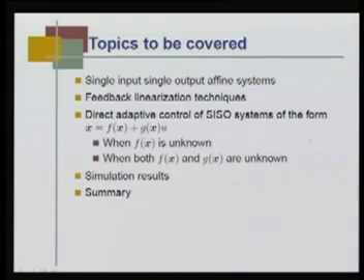So, the topics to be covered today are: the single input single output affine system; the feedback linearization technique, and what is the meaning of feedback linearization; and direct adaptive control of a single input single output system of the form x dot equal to f(x) plus g(x) u. This is the affine system, and for controlling it we can first assume g(x) to be known and f(x) unknown.